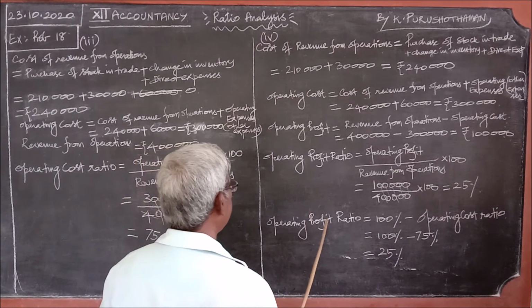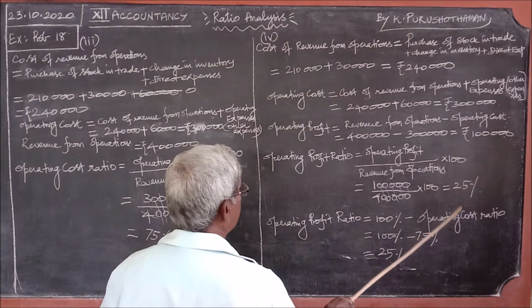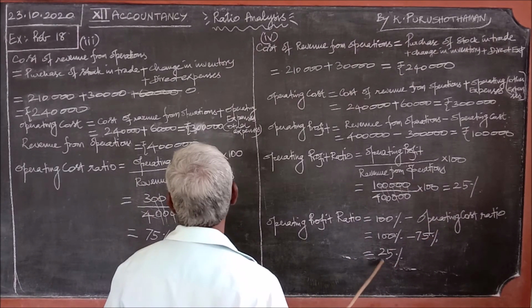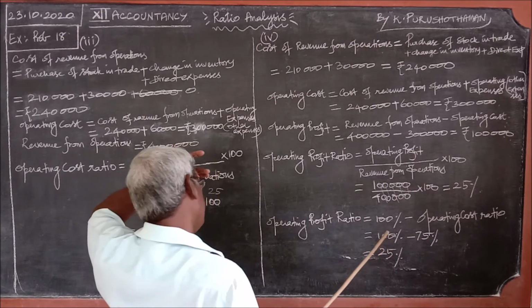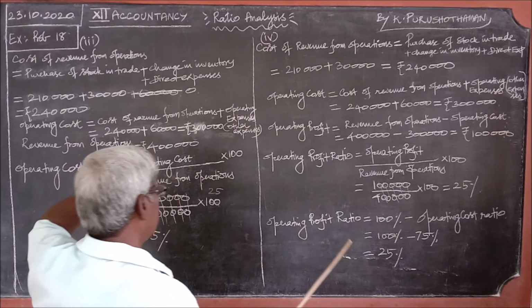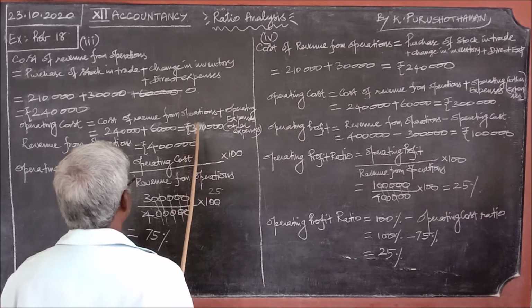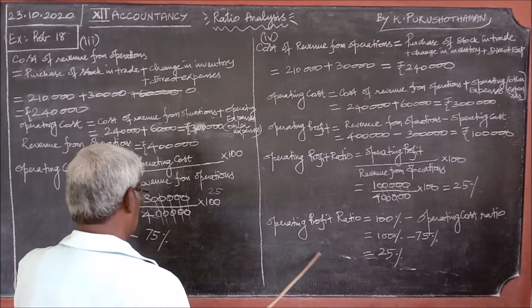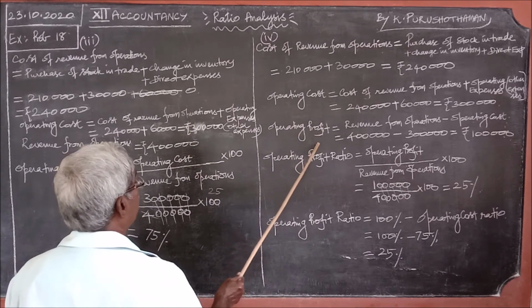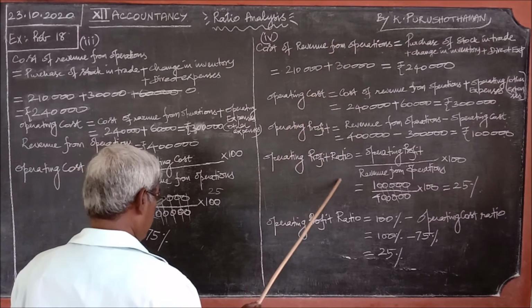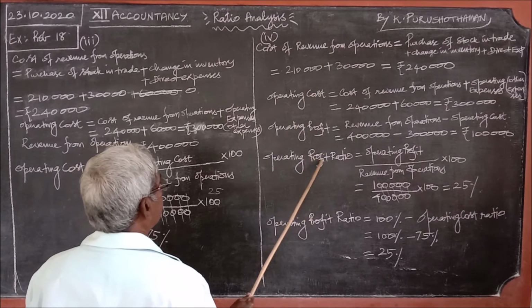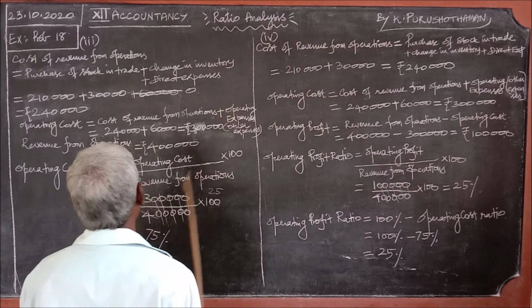So to find the operating profit ratio, 100 minus operating cost ratio, 100 minus 75, is 25. If both the ratios are asked, you can come to this point. You should do all these things only to find the operating profit ratio.